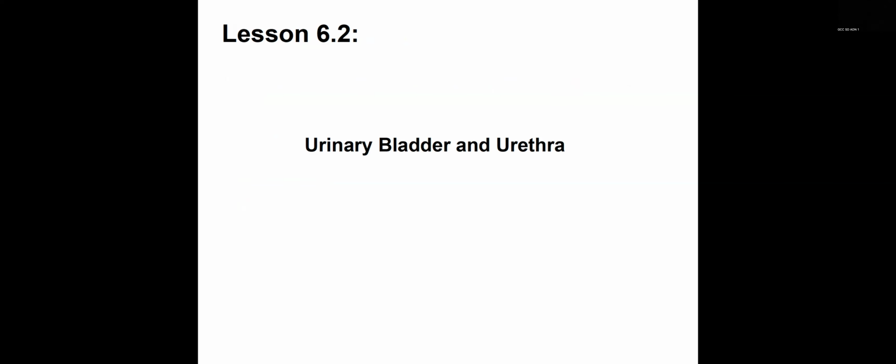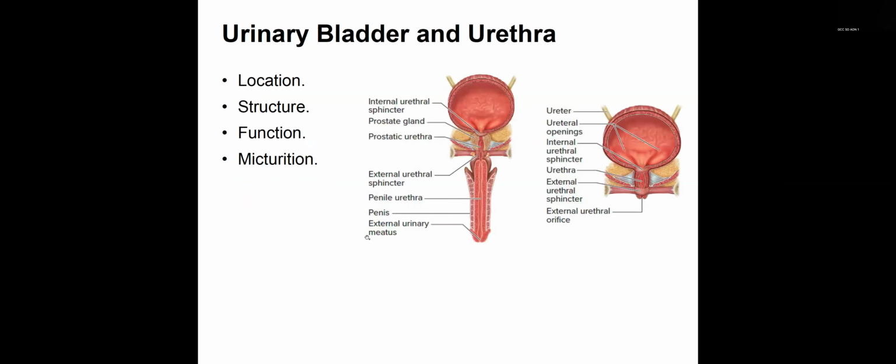Now let's focus on the urinary bladder and the urethra. So urinary bladder is a hollow muscular organ located on the floor of the pelvic cavity. The urethra is a hollow tube that extends from the inferior aspect of the bladder to the outside of the body.